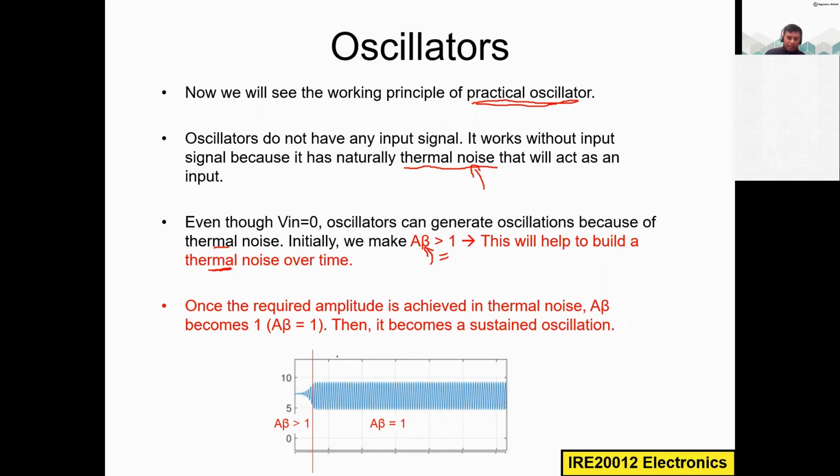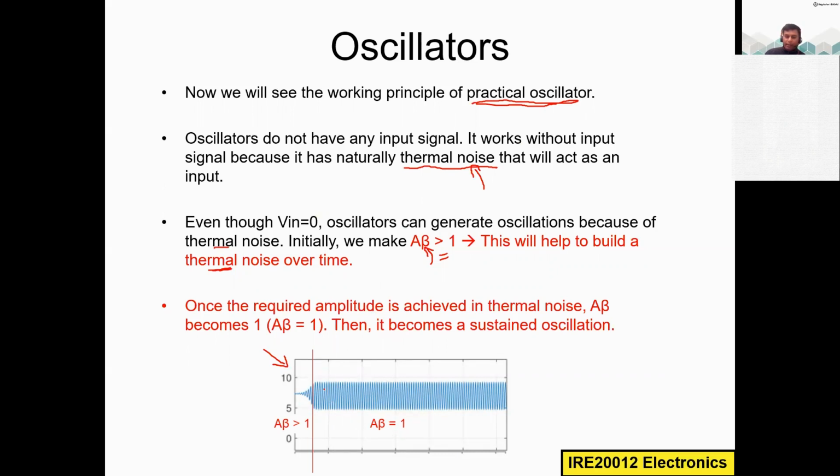So this is the oscillator output. We do not have any input to the oscillator. Initially the oscillator will start from 0, little by little. The thermal noise will be very small, and when it feeds through the feedback loop, it becomes bigger and bigger. After it reaches the required amplitude, we immediately change the A beta value to unity.